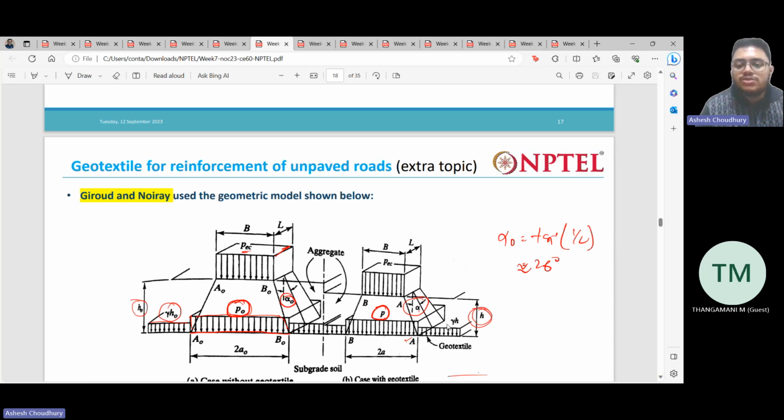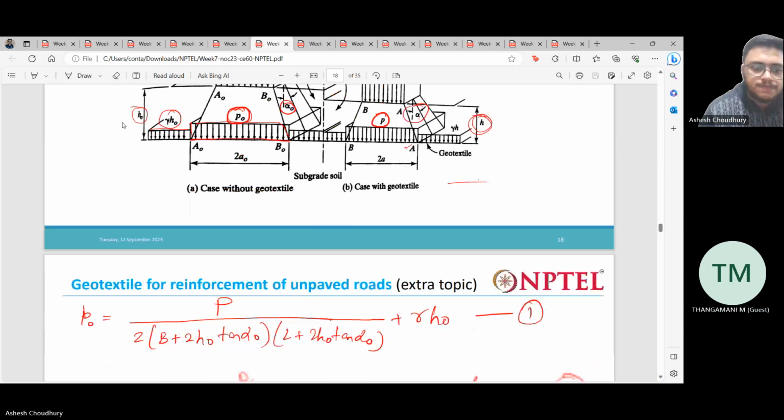With the use of geotextile or geogrid, we can reduce the thickness of the aggregate. That will aid in sustainability, right? Lesser material is needed to construct the same length of road. We can reduce the depth of the aggregate layer just by placing a geotextile or geogrid layer.